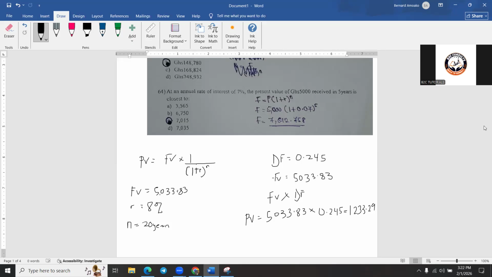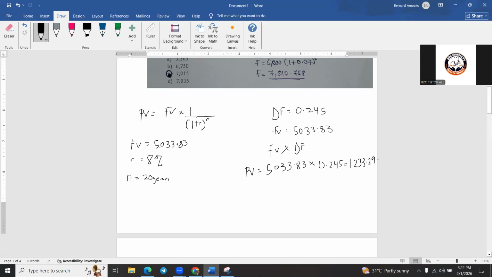Now, how about using the formula? So using the formula, it would have been present value equal to future value, Fn, times 1 over, and that gives me Fn.